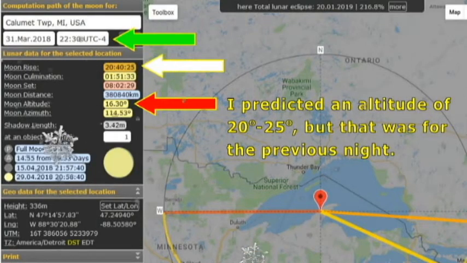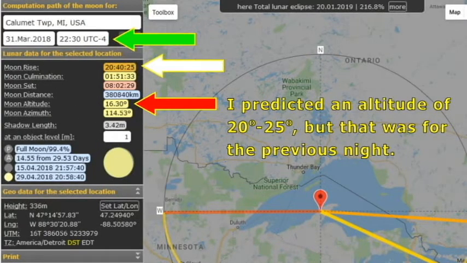But anyway, this is just the moon calculator. I didn't look at this until I prepared this presentation, but here you see three arrows. The green arrow is the time of the photo. I'm going to show you only one observation turned out. The white one is moonrise for that night.